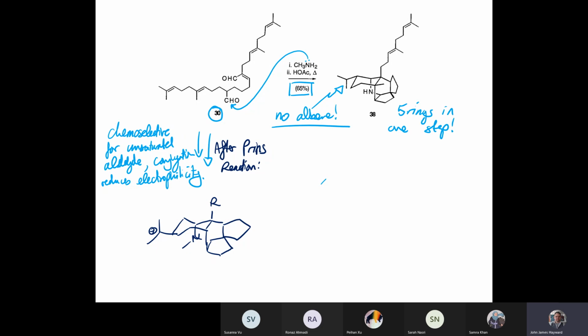Okay, so after the Prins reaction, where you generate that tertiary carbocation, you have this compound. Oh, no, you very nearly have this compound. You have this compound. Sorry, I drew it to the wrong atom.